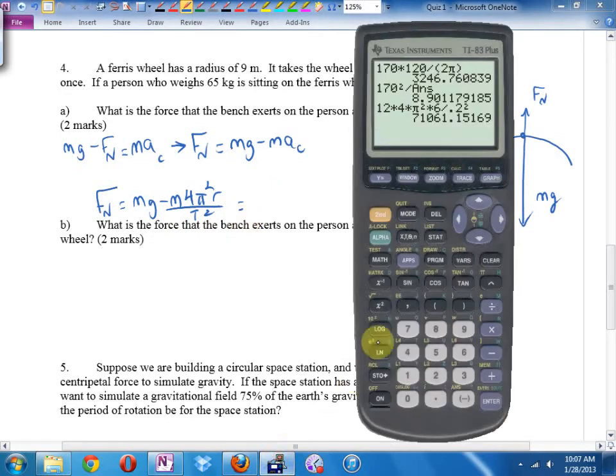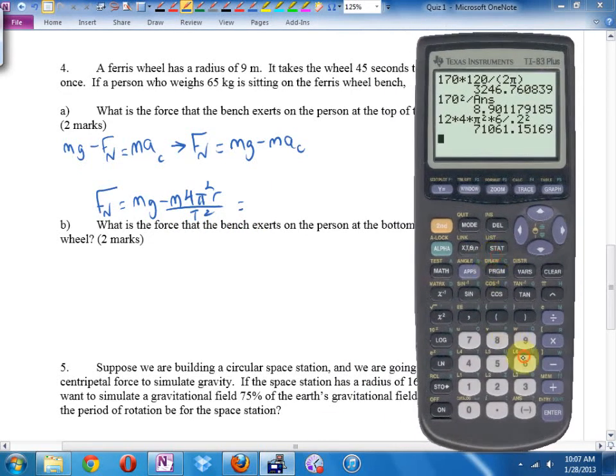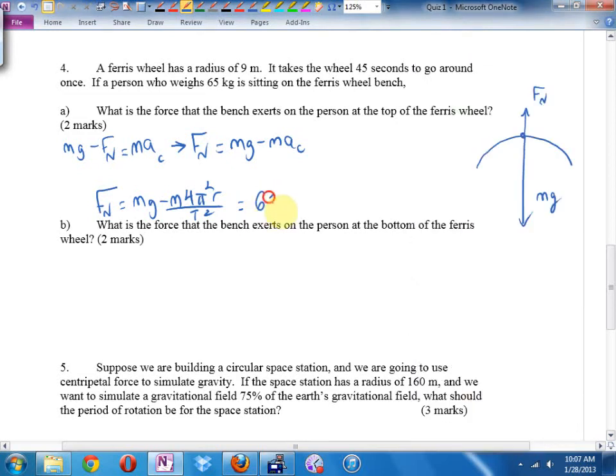It's going to be mass times 9.8 minus mass times 4 times pi squared times the radius, 9, divided by the period squared. And you get 626 newtons. I'd give you 1 mark for that and 1 mark for the answer.